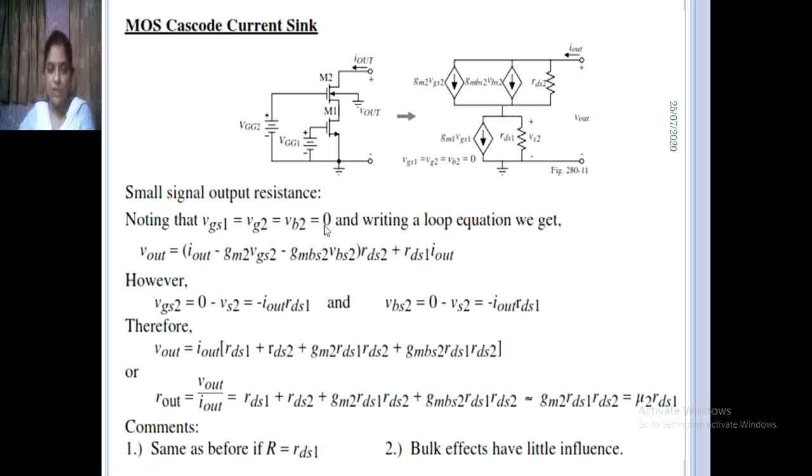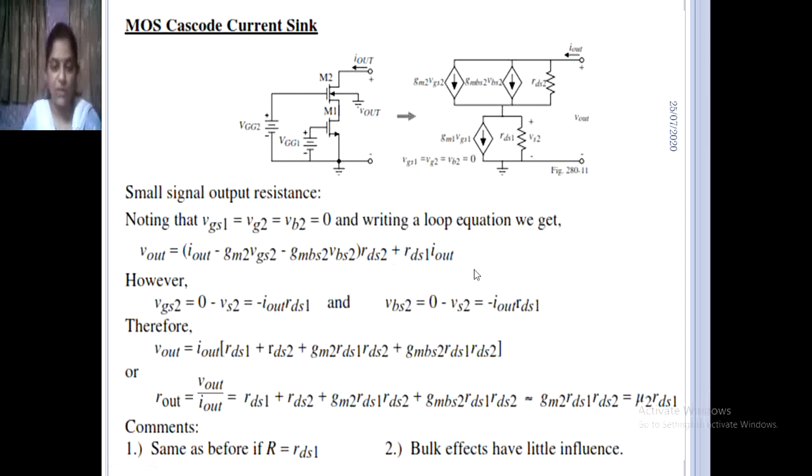For the small signal output resistance, noting that VGS1 is equal to VG2 is equal to VB2, that is the biasing, is equal to 0, and writing a loop equation, we get V out equal to I out minus gm2 VGS2 minus gmbs2 VBS2, into RDS.